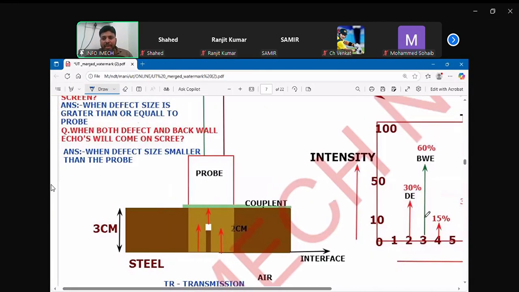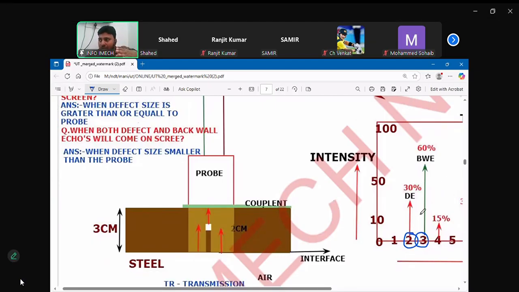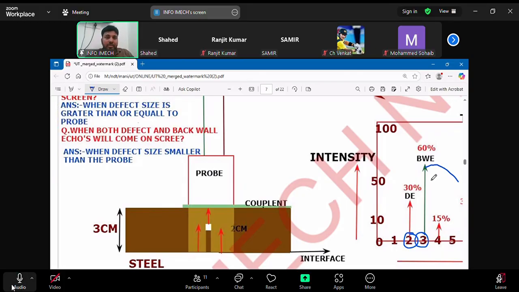Okay, so where is the back wall echo coming? At the thickness, 3 centimeters. Where is the defect echo? 2 centimeters. But for the back wall echo, reflected echoes will also come now. Where will the reflected echoes for the back wall come? 6, 9, 12.